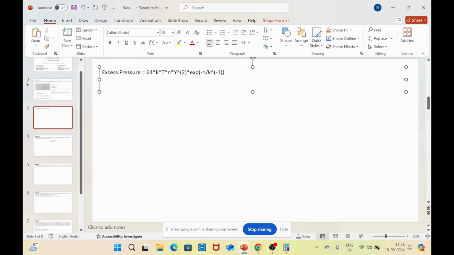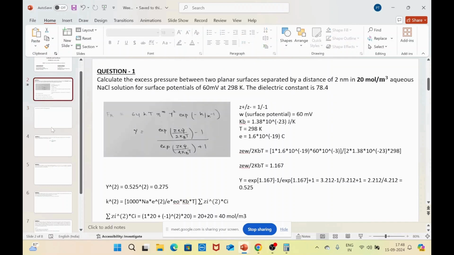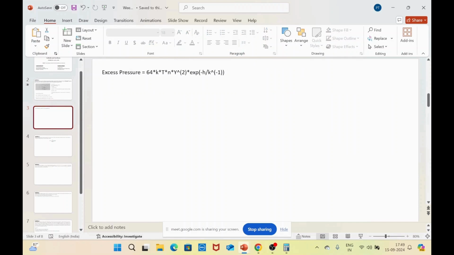So this is the expression for excess pressure. But here we need to actually change. If you see here, we have n, but what is given to us in the question is C, which is in moles per meter cube already.